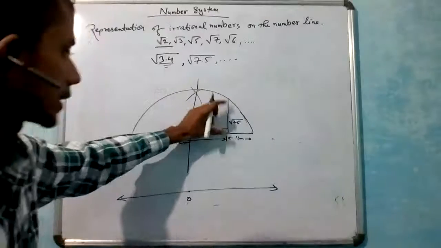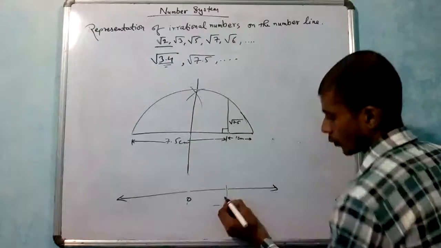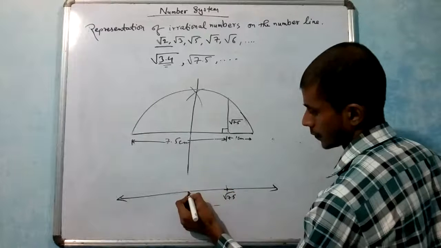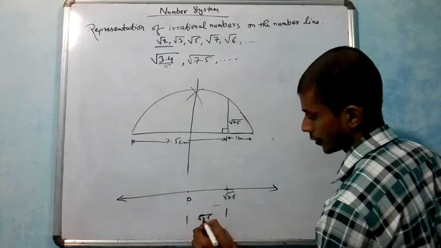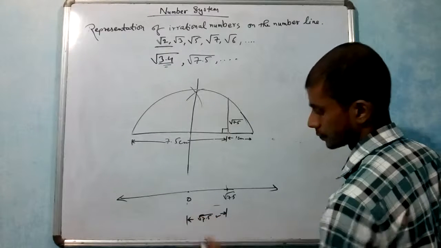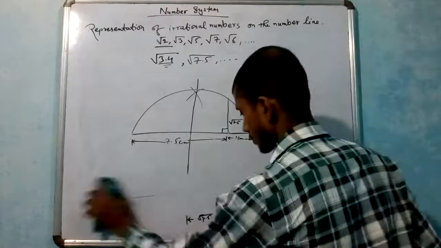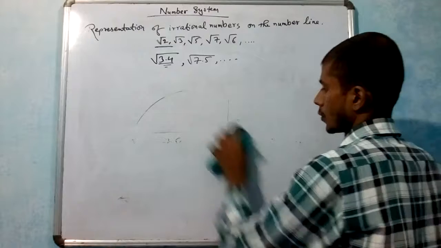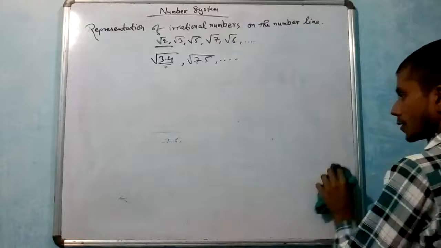So measure this and then represent wherever it will cut, that value will be root 7.5. Okay? And then we can write root of 7.5 units. Okay? Understood this? Okay. So today we studied the representation of irrational numbers. Fine?